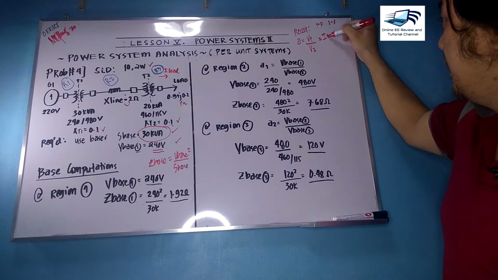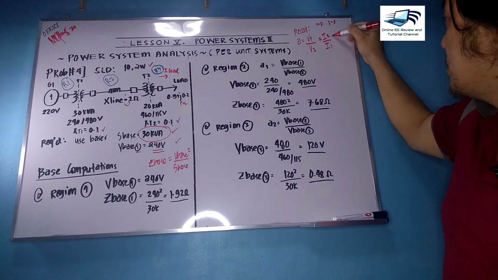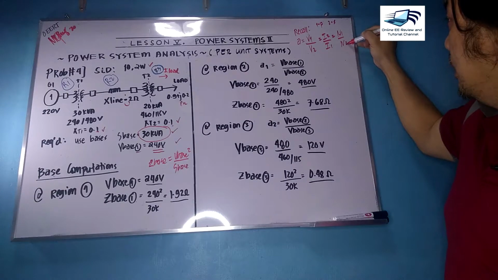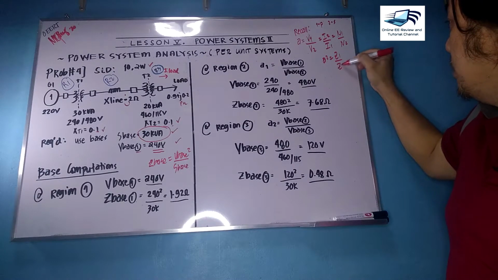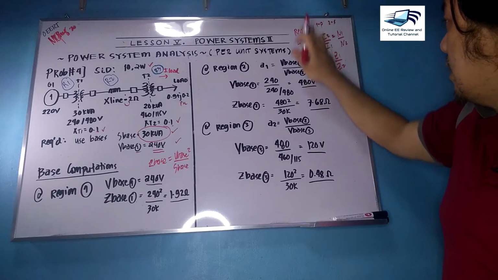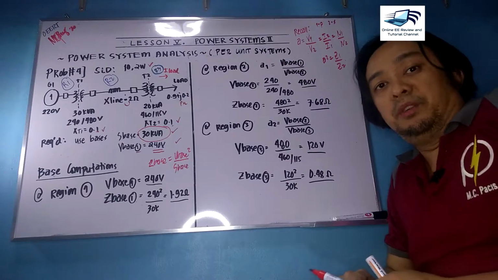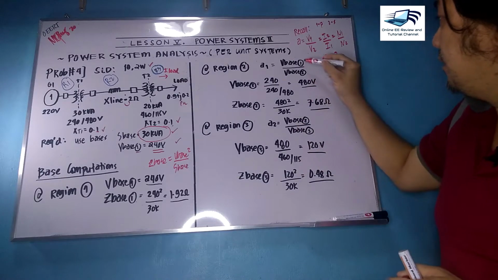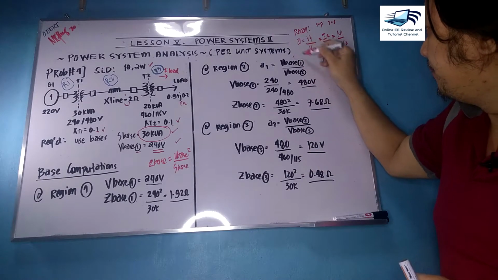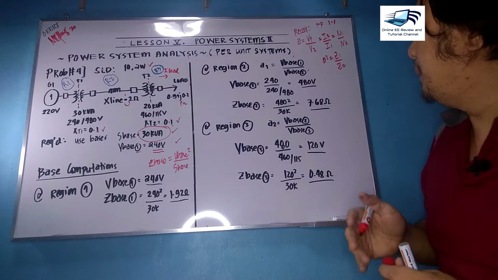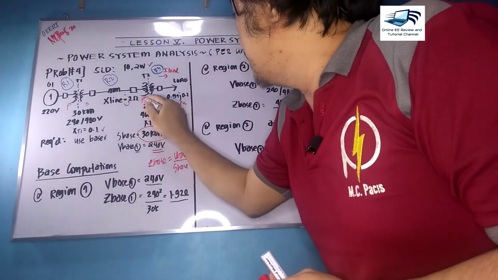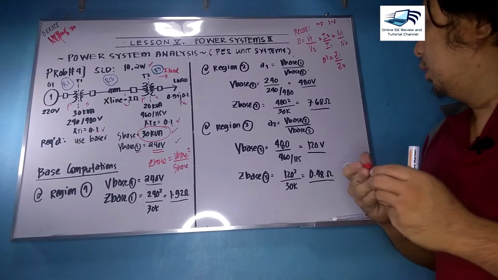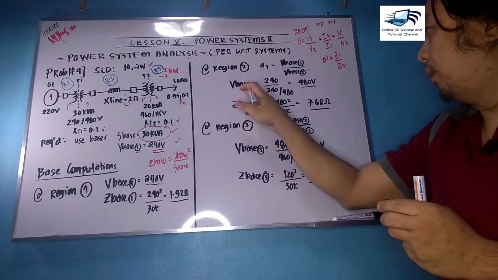It can be either I2 over I1 or simply N1 over N2. But in terms of impedance, Z1 over Z2. Please take note, these are transformer fundamentals. So we have here in terms of V base, V base 1 over V base 2, primary over secondary.